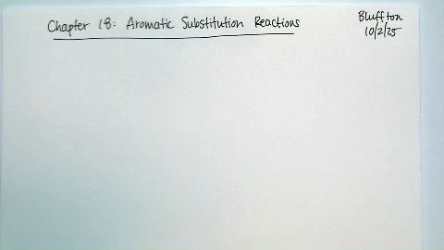Okay. So we talked a lot about aromaticity. We talked a little bit about reactions that happen right next to the aromatic ring, like at the benzylic position. But in this chapter, we're going to talk about reactions actually on the aromatic ring.